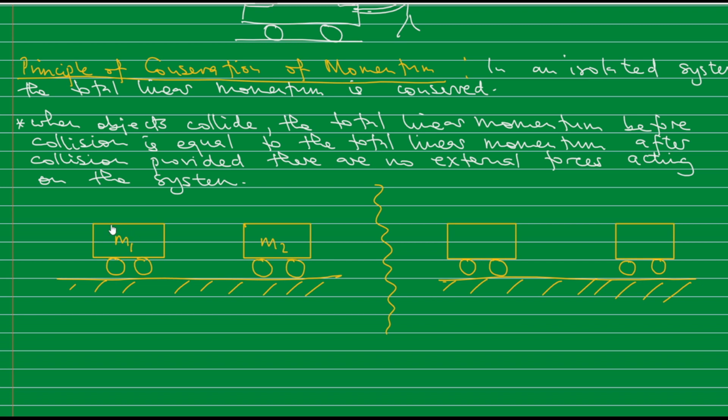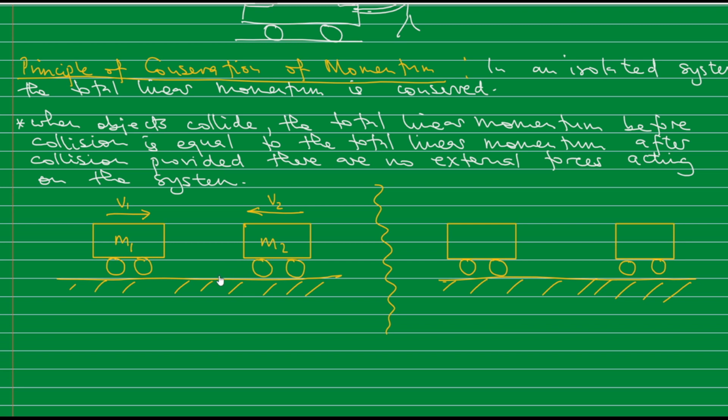This one is moving with a velocity, let's call that velocity 1, moving to the right, and this one has also got a velocity, let's take it moving to the left, which is velocity 2.